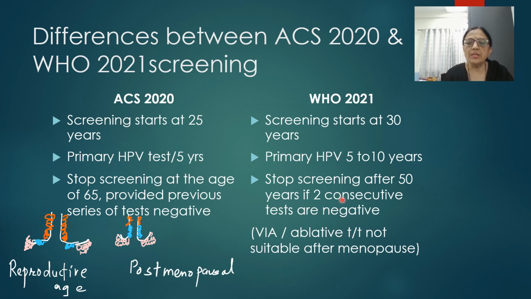That means if we are following cervical cytology, we have done tests at 53 and 56, two tests at a 3-year interval, and both cervical cytology tests show normal results, then we can stop at the age of 56. Whereas if we are following HPV testing, primary or co-test, then we have to repeat the test at 55 and 60, and we can stop at the age of 60. That is the meaning of this sentence.